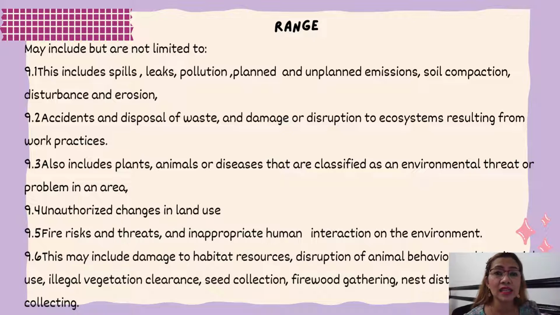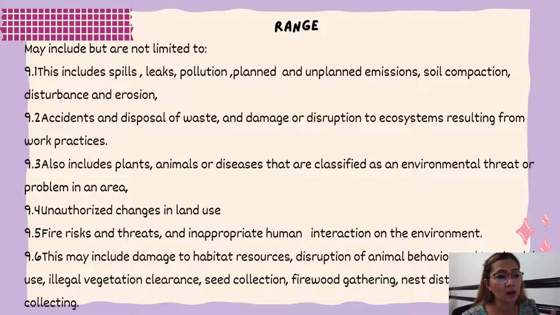So when you have seen that there are spills or leaks that may pollute our environment, what will you do? For example, in our workplace, if you have seen a spill of oil, do not wait until somebody slips. Wipe it immediately. Do not tolerate an accident in your workplace.